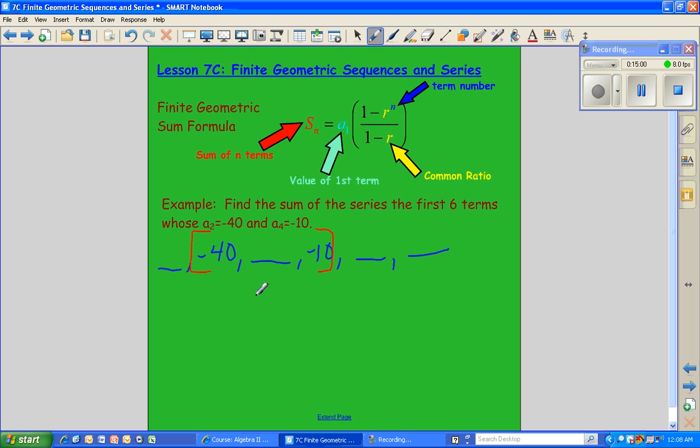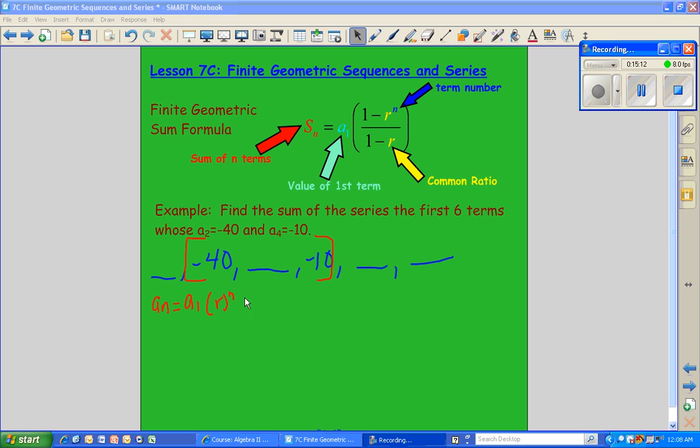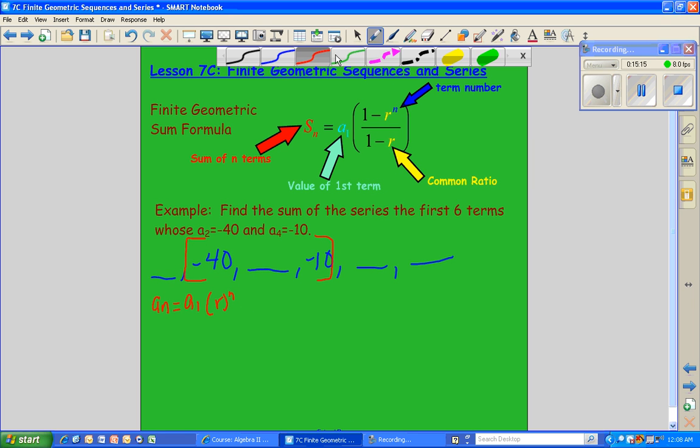This is also called a geometric mean. So we know a sub n equals a sub 1 r to the n minus 1 power. Okay, so we're going to treat negative 10 as a sub n.